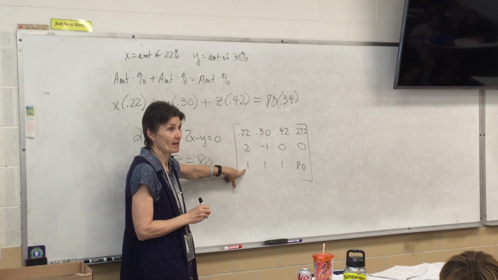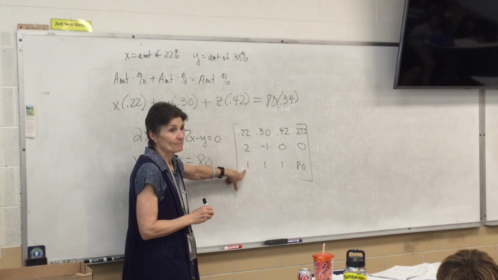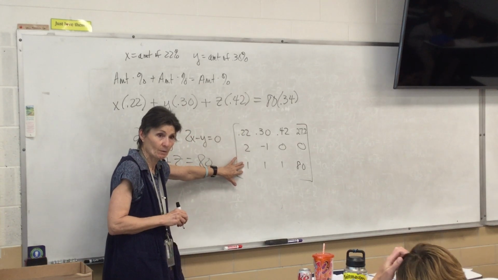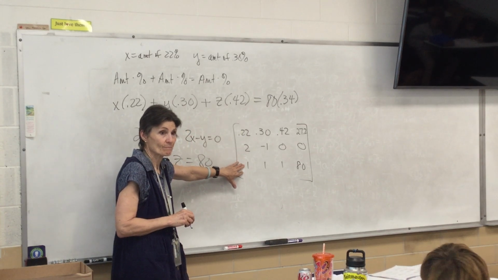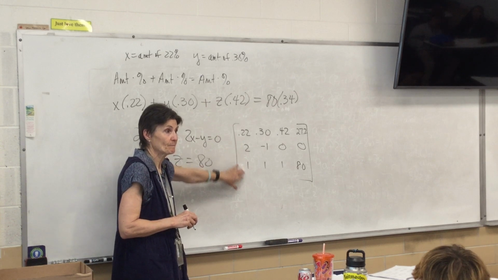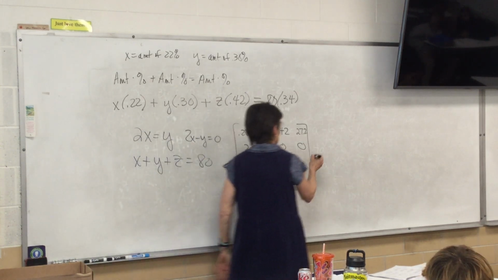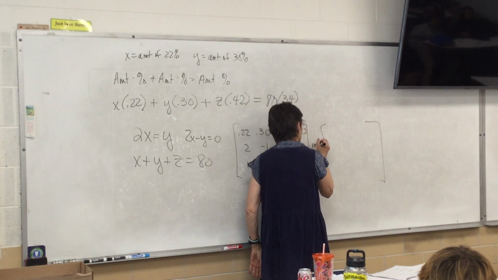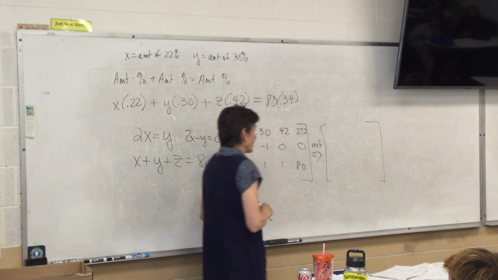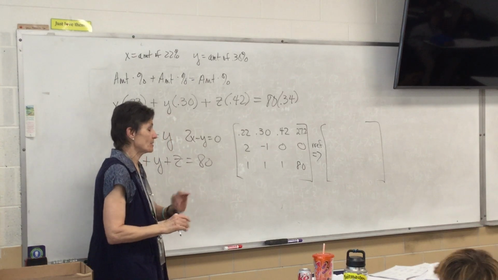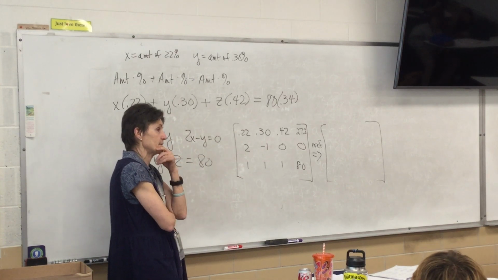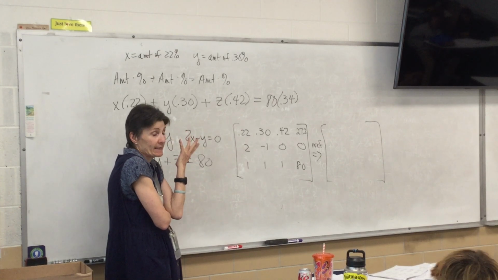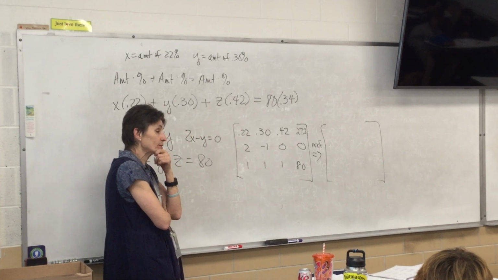I'm going to type it in on my calculator. But if I were doing elimination by hand, you understand you want that row on top? Because of the 1 right there. You do not have to do it this way. You can use whatever method you want. This is how I would do it, because I like it, but you don't have to do it this way.